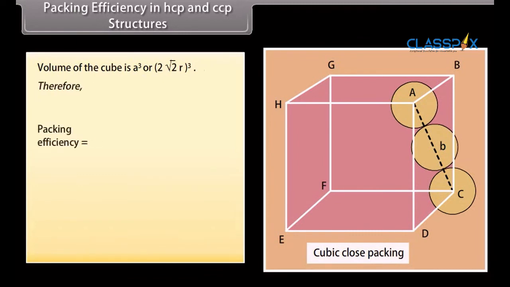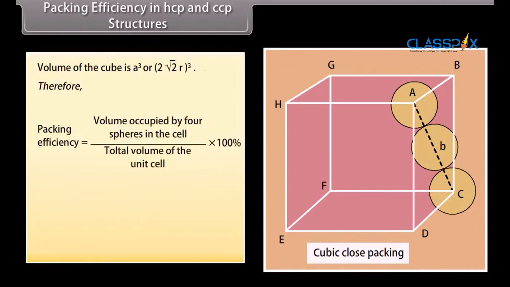Therefore, packing efficiency is equal to volume occupied by 4 spheres in the cell into 100 upon total volume of the unit cell, which is equal to 4 into 4 upon 3 pi r cube into 100 upon 2 square root 2 r cube, which is equal to 74%.